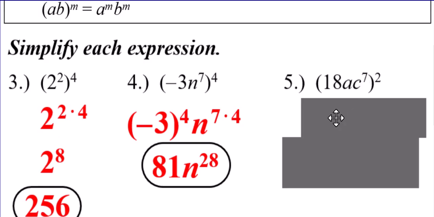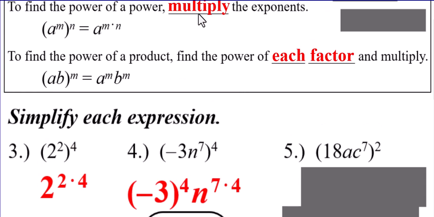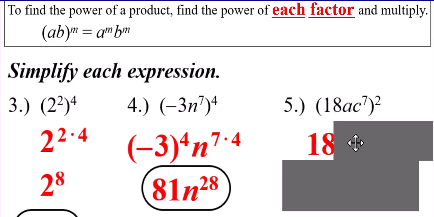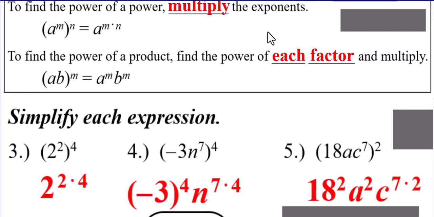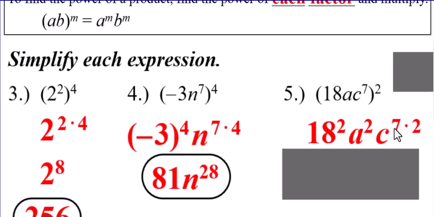Okay, now that we got that cleared away, let's use the shortcuts that we talked about. So the 18 will be taken to the 2nd, the A will be taken to the 2nd, and the C to the 7th will be taken to the 2nd power, which is where you do the other rule we talked about, multiplying their exponents together. Okay, what is 18 to the 2nd power?